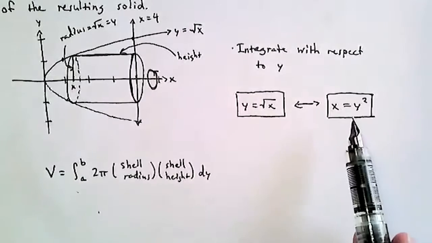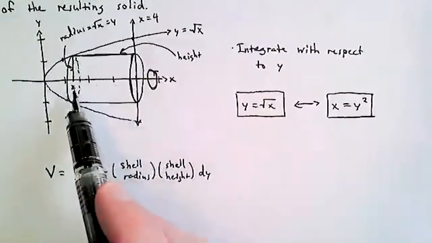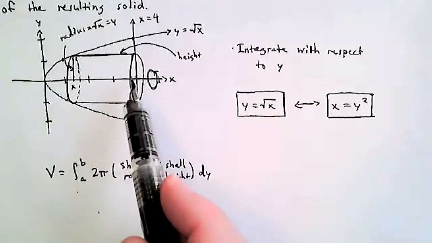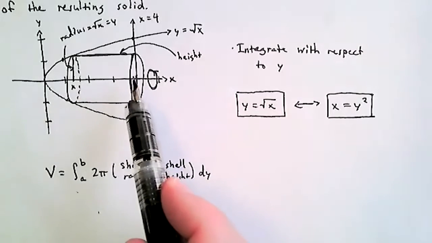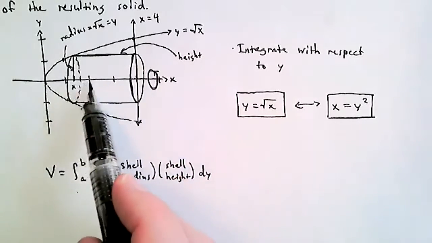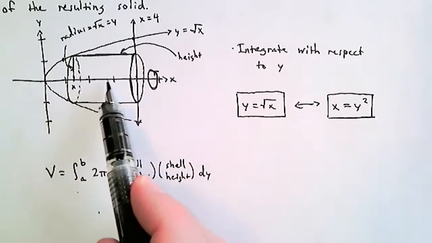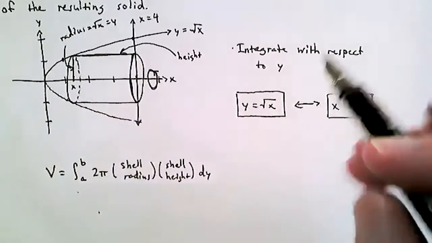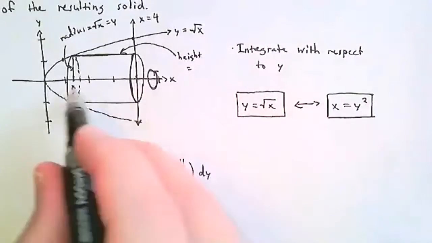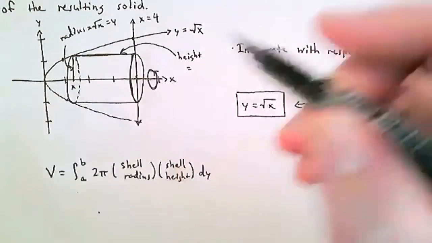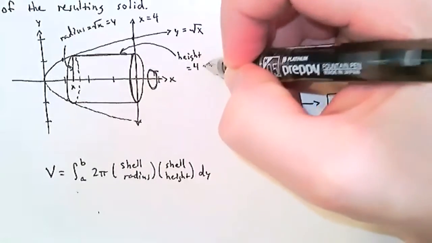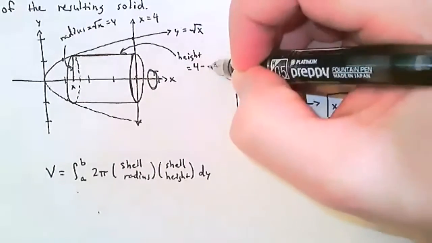And this is more like what I need, because instead of x, I need something with a y in it. Okay. And now I need the distance between x equals 4 and y squared. So this is going to come out to 4 minus this coordinate. 4 minus y squared.